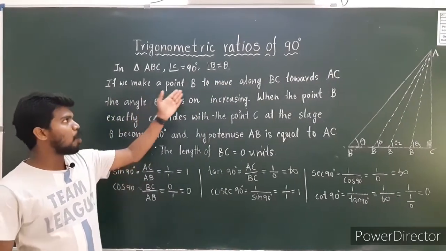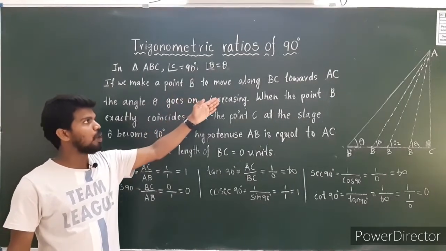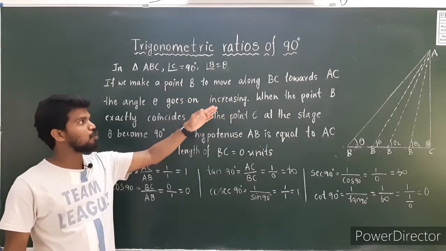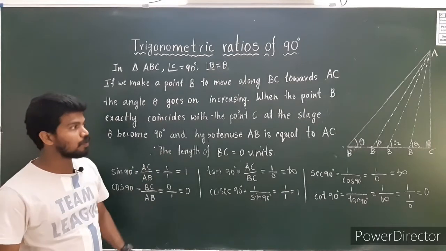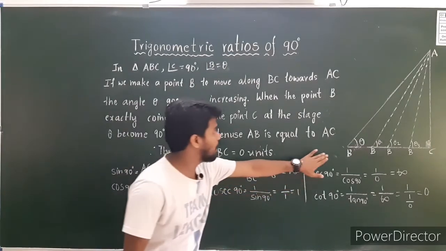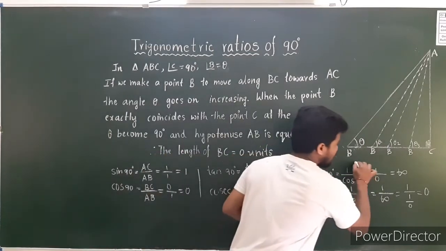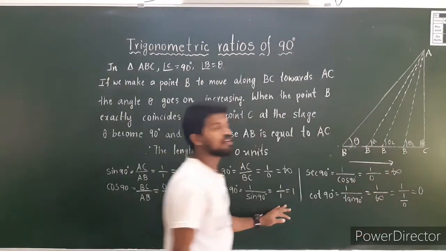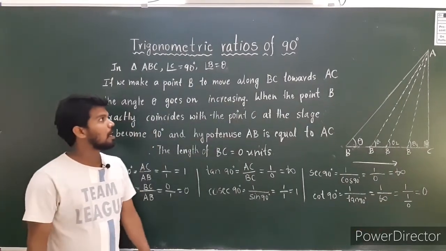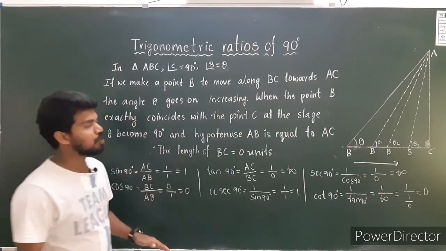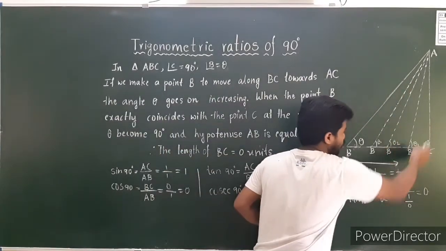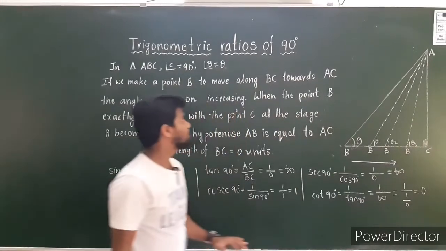So if you make point B move along BC towards AC, that means move in the direction BC towards the line AC.